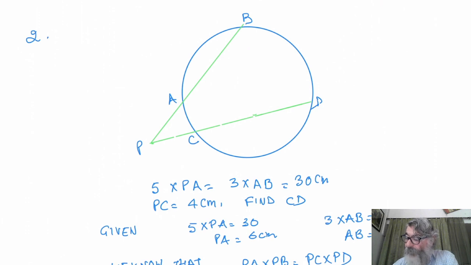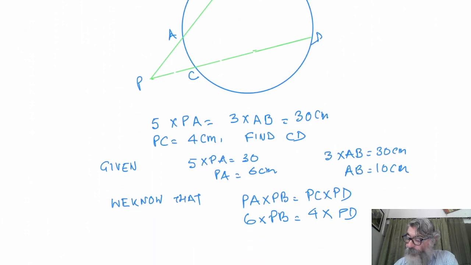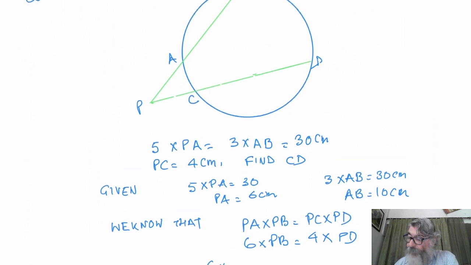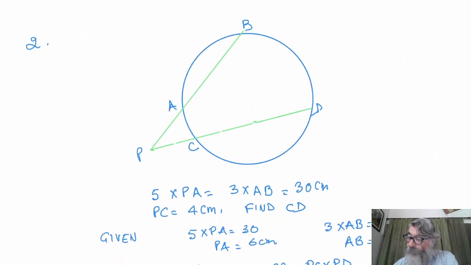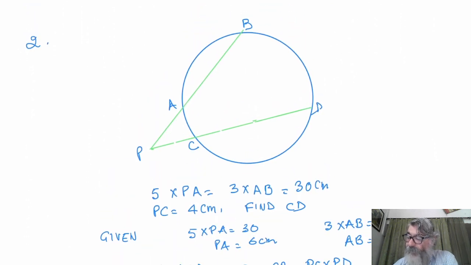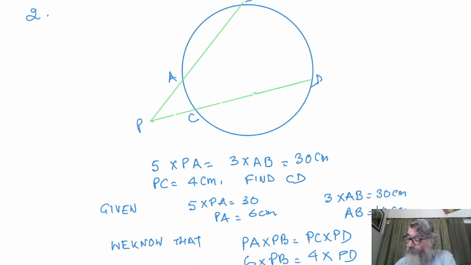Now in the next step, 6 into PB. PB is actually the sum of PA plus AB. We know PA is 6, and AB is 10.